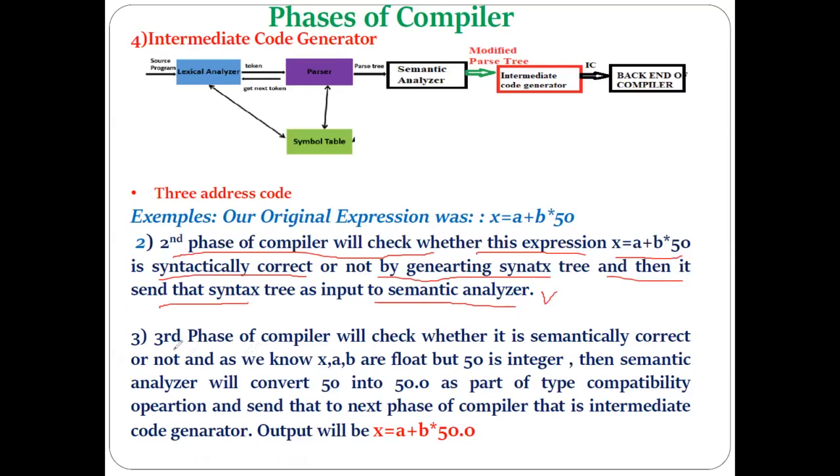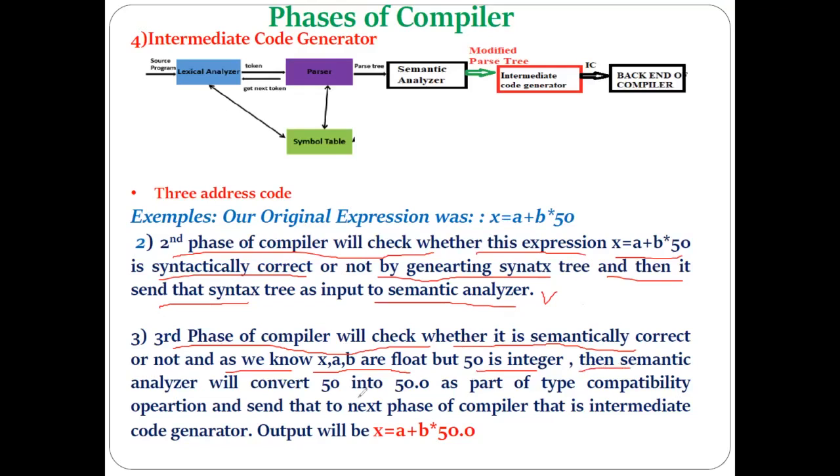Now, in the third phase of the compiler, what will happen? The third phase will check whether that expression is semantically correct or not. As we know, x, a, b are float, but 50 is an integer. The main role performed by the semantic analyzer is checking type compatibility, type checking, and checking whether the sentence is meaningful or not.